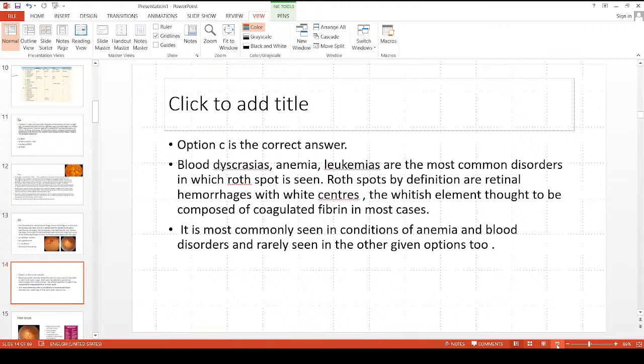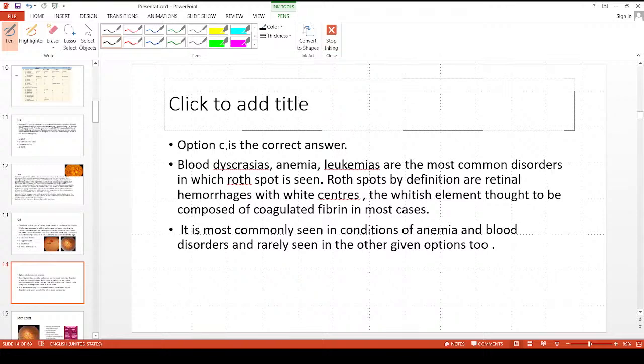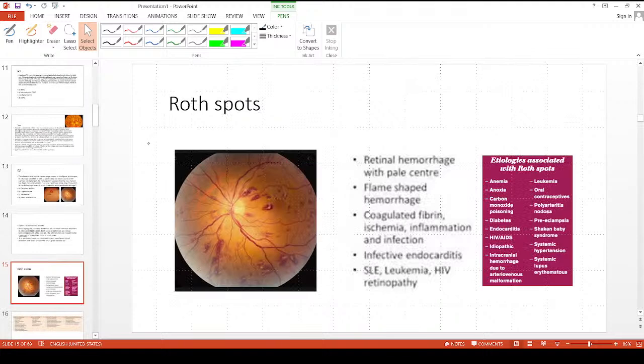Because every slide that I'm changing, I need to go to pens and select start inking again.